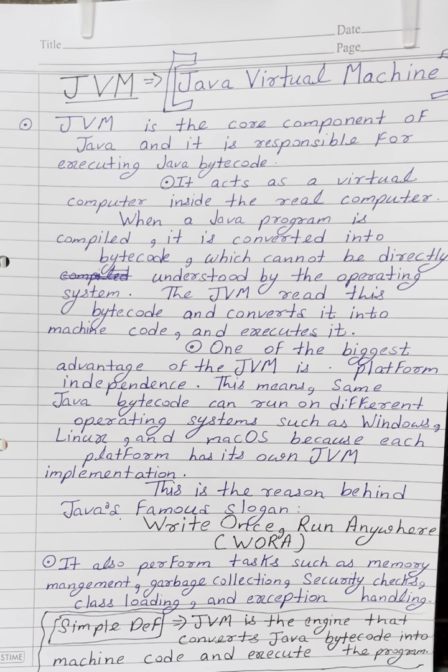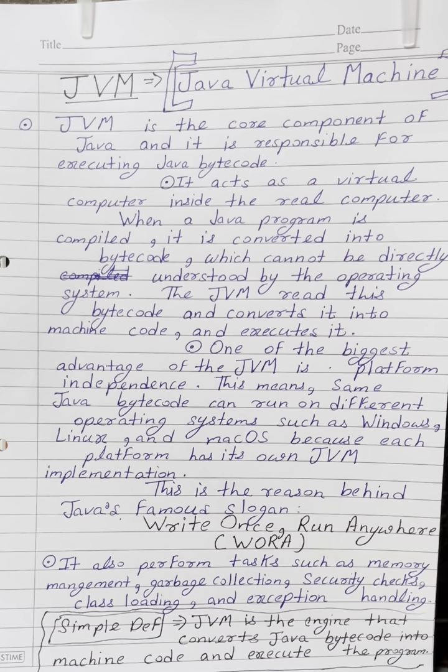Now let's talk about an example of JVM. We can understand it by an instance, like suppose you compile a Java program on Windows and you copy the .class file to a Linux computer, and that Linux computer has its own JVM. So the JVM reads the same bytecode and runs it successfully.